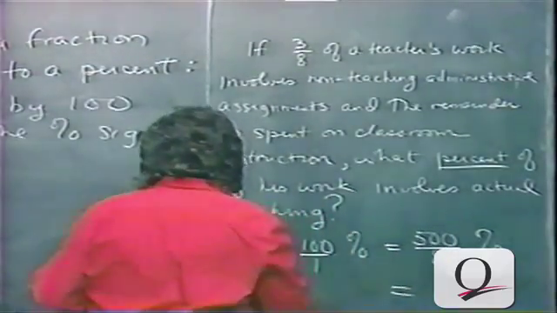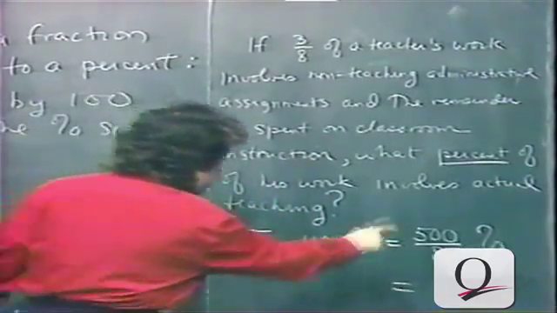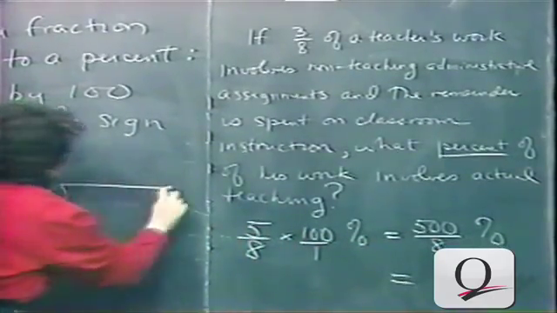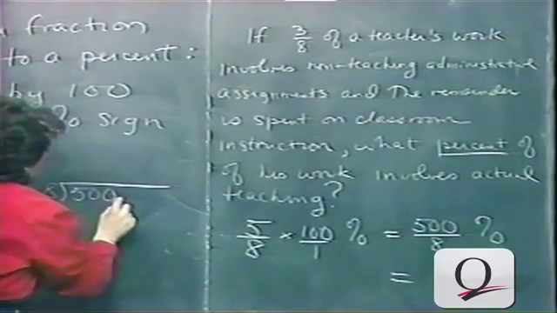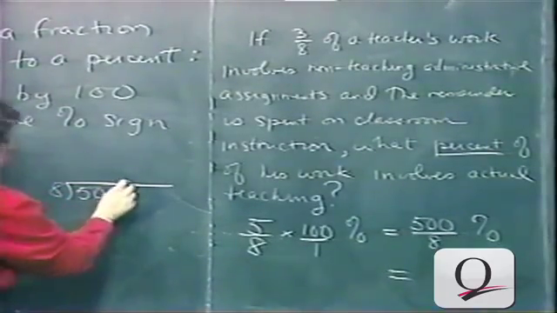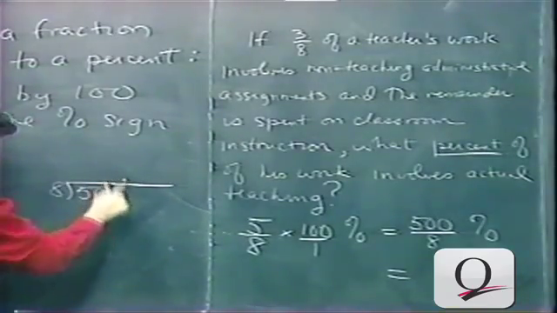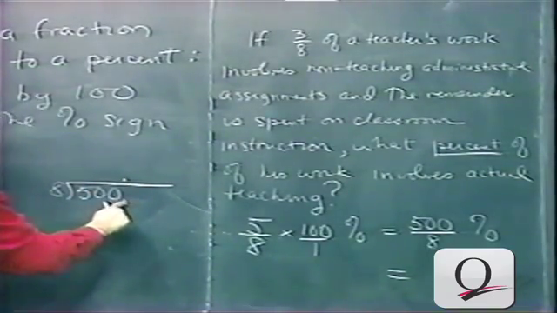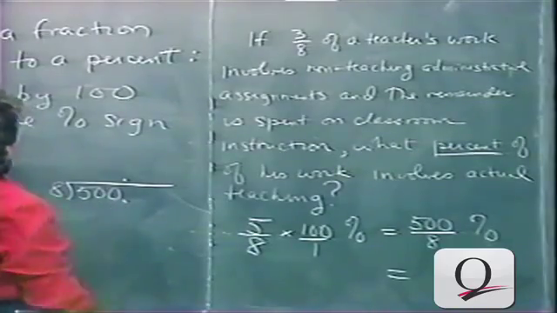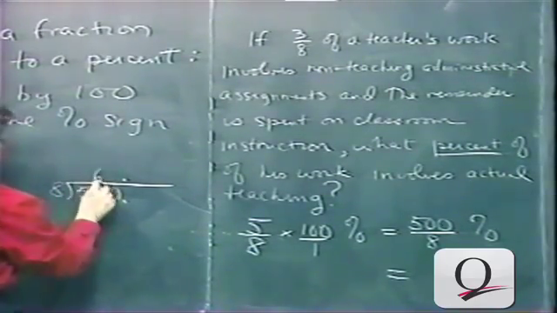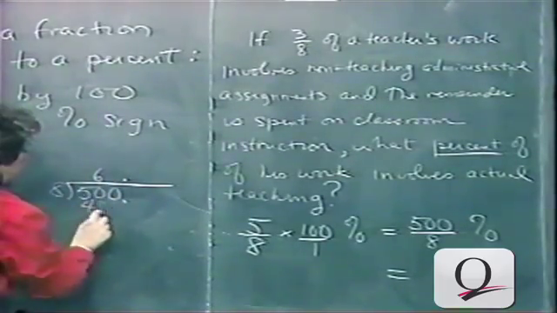Now, 500 divided by 8 can be worked out with long division. Put the decimal point in the answer right over the decimal point here. 8 goes into 50 6 times. 8 times 6 is 48.